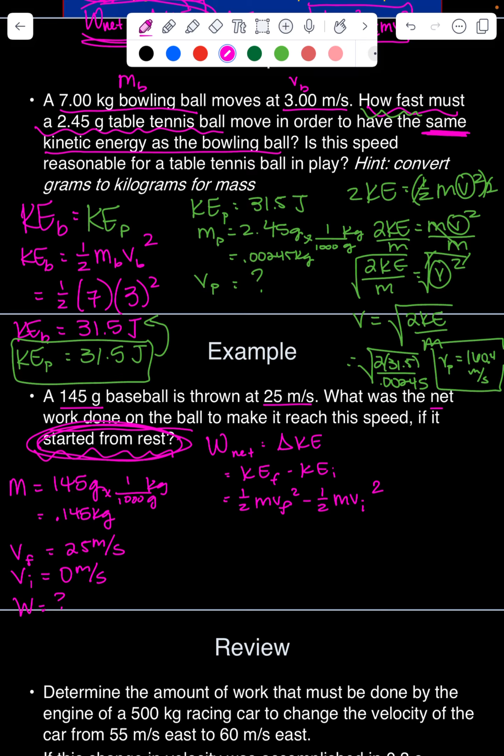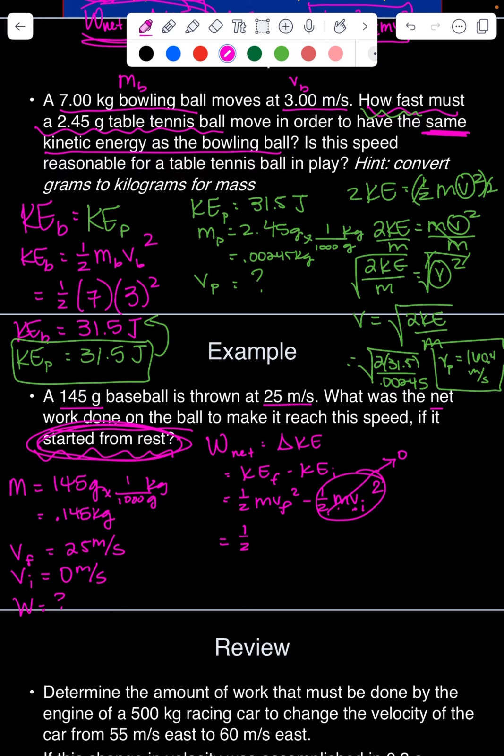Now, if you look at this, we love this, because our initial velocity is 0. So if our initial velocity is 0, what is 0 squared? Hopefully you're saying 0. What is anything times 0? That's going to be 0. So this whole thing is going to be 0. So what we're really just finding is our final kinetic energy.